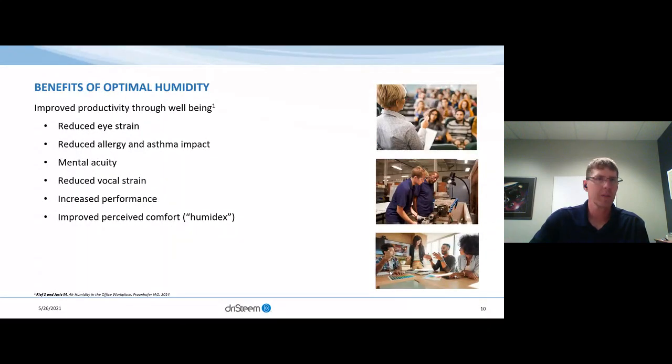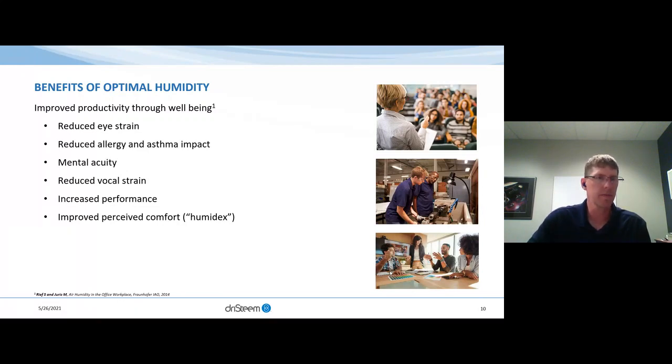And so, thinking about what are some of the benefits of having humidity in that optimal, mid-range. Well, you get increased productivity, thinking of some of the softer benefits as an example. Okay, avoiding eye strain and dry eyes, which can be a challenge, having to use drops, or dry hands and needing to use moisturizers to try and keep them feeling well.